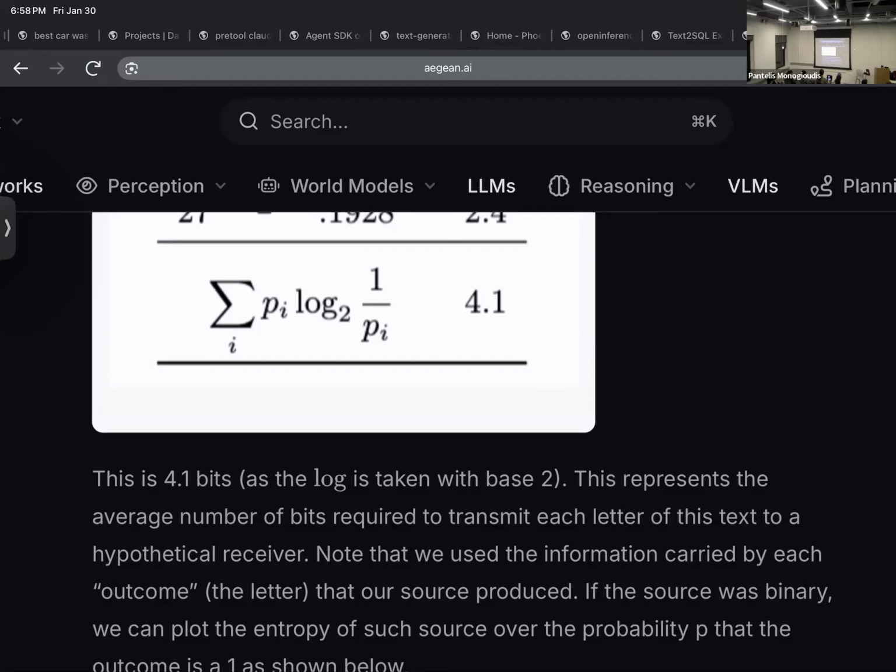So we have a summation. How many terms do we have in the summation? 2 terms. One is heads: probability of heads times log 2 of 1 over probability of heads, plus probability of tails times log 2 of 1 over probability of tails. So let's write down these two.